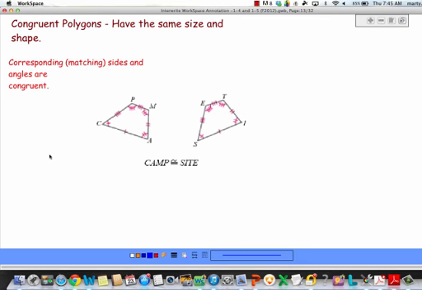Congruent polygons have the same shape and same size. Corresponding matching sides and angles are congruent. It is very important that you understand that the order in which the letters are written directly corresponds to which ones have the same angle measure or which ones have the same side. So if you look at angle C here and angle S, notice they're both marked with a single tick arc, and they're in the same position on our congruence statement. This is called a congruence statement.